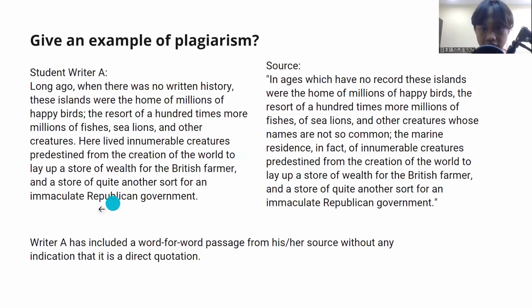So the writer A has included a word for word passage from his or her source without any indication that it is a direct quotation. So it is one of the plagiarism cases.